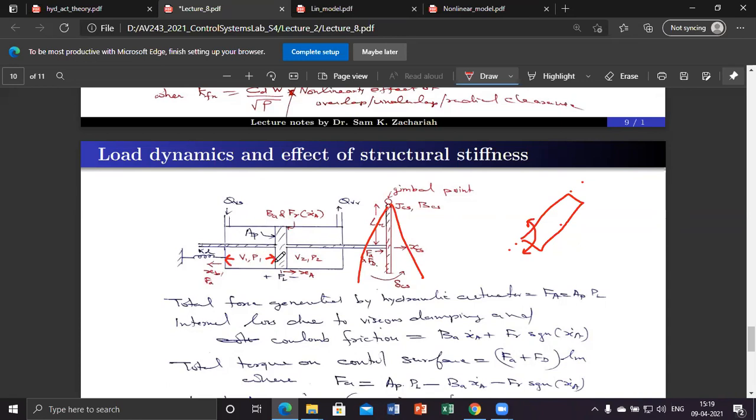This forward force will get transmitted through this link to the control surface, and that is represented finally by Fa, F small a. So F small a is the action force acting on the control surface, and the control surface is free to move in the inertial frame of reference. Hence it is a force acting on an inertial body.